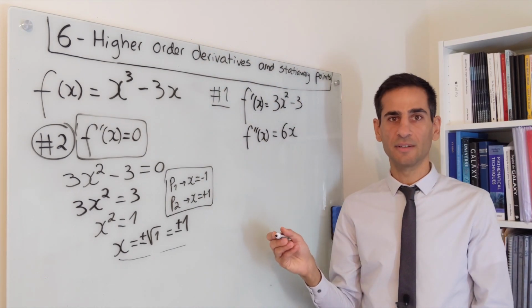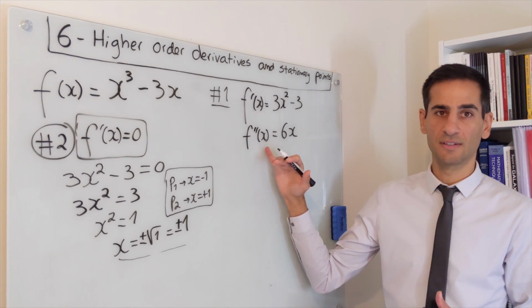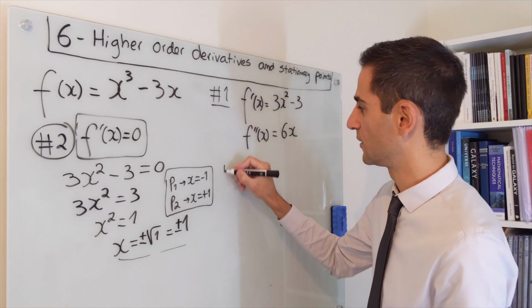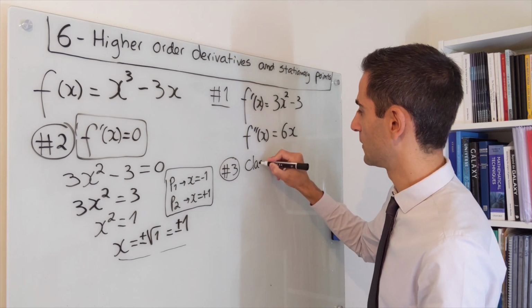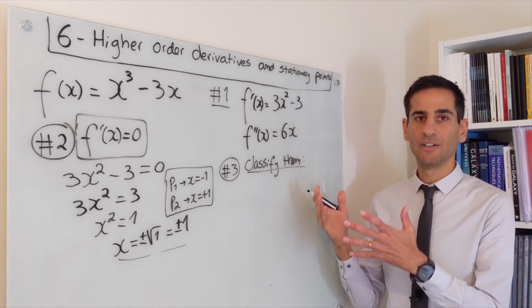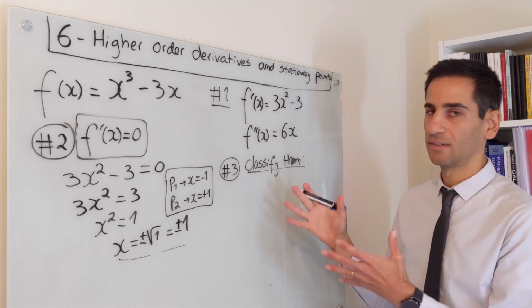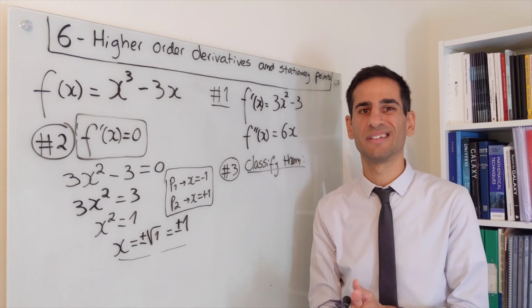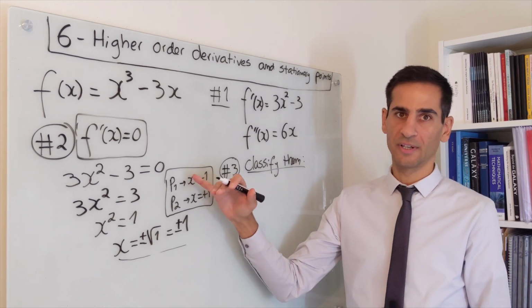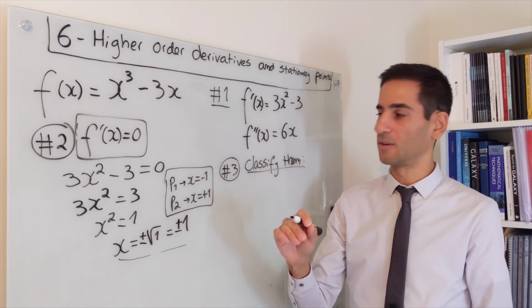How do we classify them? The simplest way is to use a second order derivative, so we can do step number 3, which is classify them. In order to do this, what we need to calculate is the value. Actually, we only care about the sign of the second order derivative at a specific stationary point.